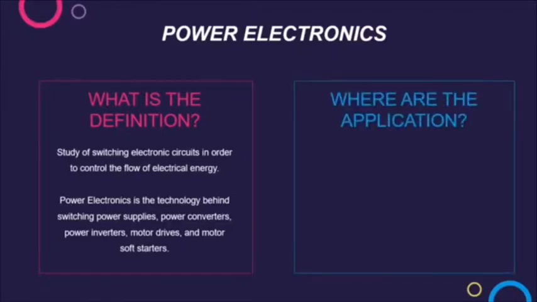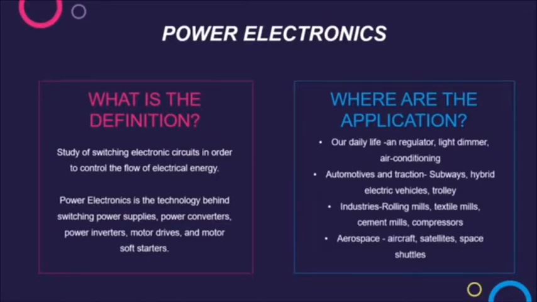So, where are the applications of power electronics? In our daily life, we can see power electronics being used in fan regulators, light dimmers, and air conditioning that is used in offices, houses, and schools too. Next is automotive and traction.